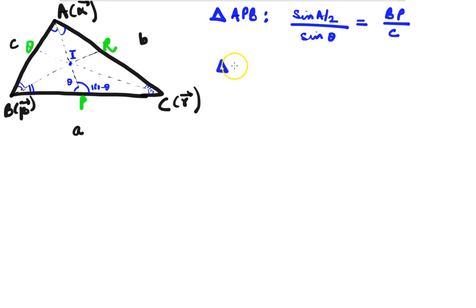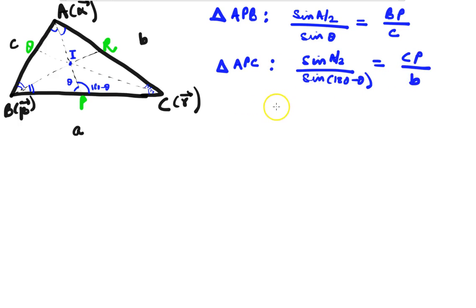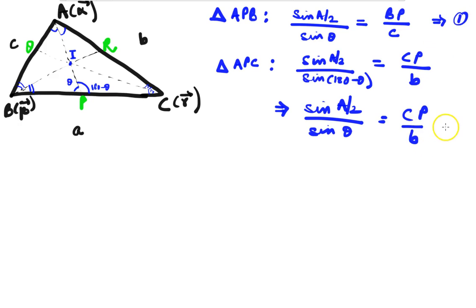Similarly, in triangle APC, sine of A by 2 over sine of 180 minus theta is equal to CP by B. Sine of 180 minus theta is sine theta, so this is sine of A by 2 over sine theta is equal to CP by B. Let's call this equation 1 and this equation 2.